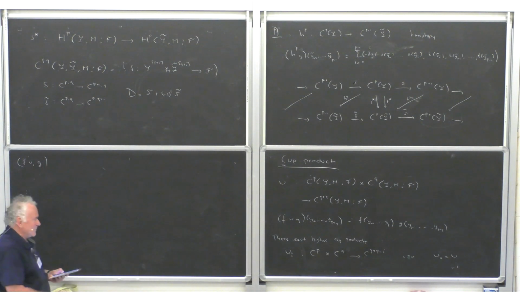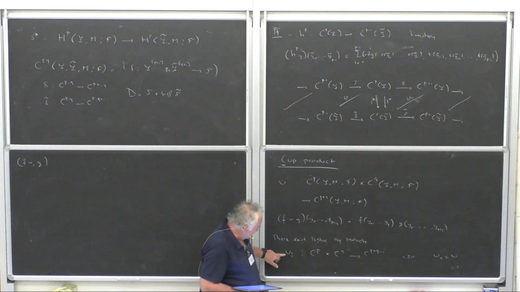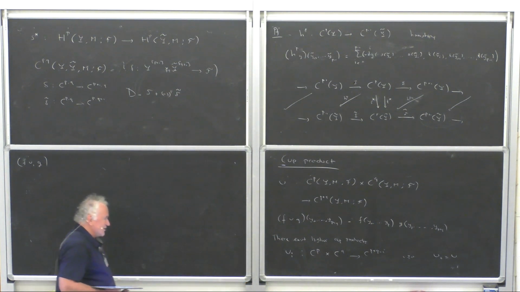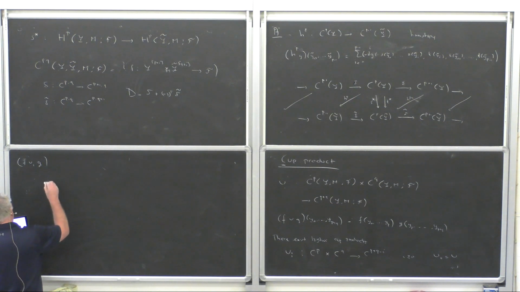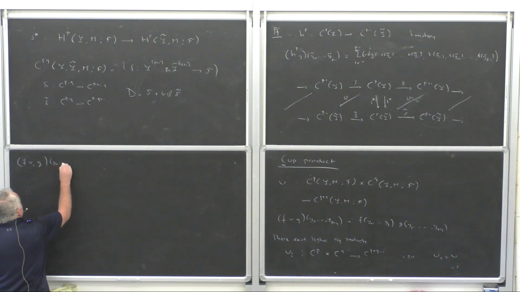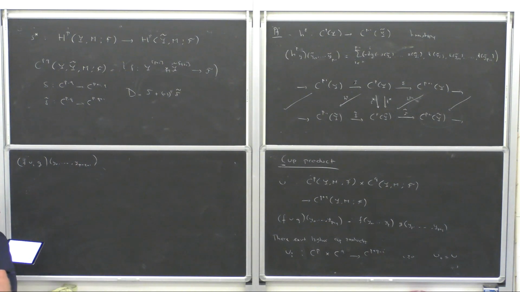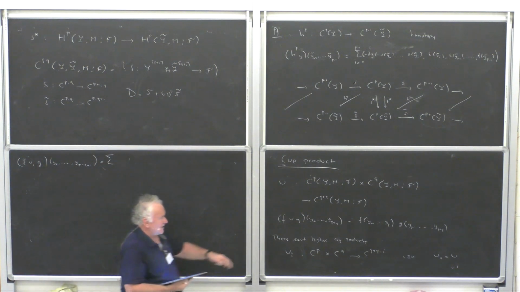It's very hard to write an explicit formula for what this cup i actually is. In that paper by Steenrod, it's given in some combinatorial process on graphs. And maybe you can appreciate it when I write down the cup 1, for which there exists an explicit formula. It's not as simple as the cup product.